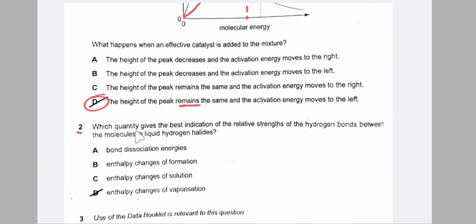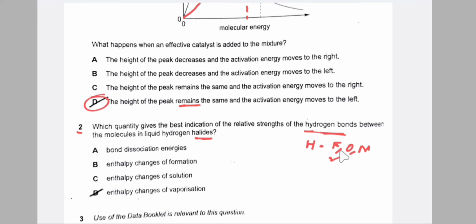Question number 2. Which quantity gives the best indication of the relative strength of hydrogen bonds between molecules in liquid hydrogen halides? So hydrogen bond exists between hydrogen and fluorine, oxygen and nitrogen. But since it mentions the halogen, so hydrogen halide, the halide is fluoride.